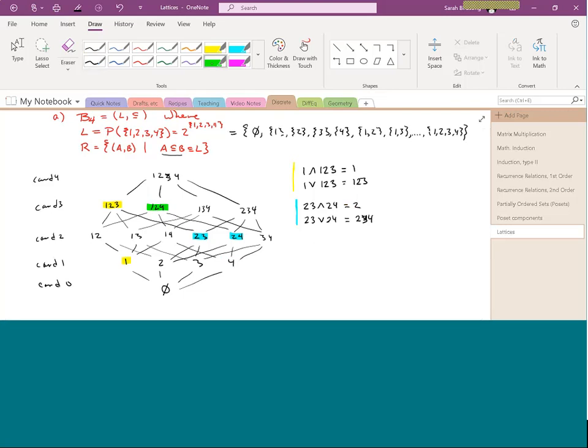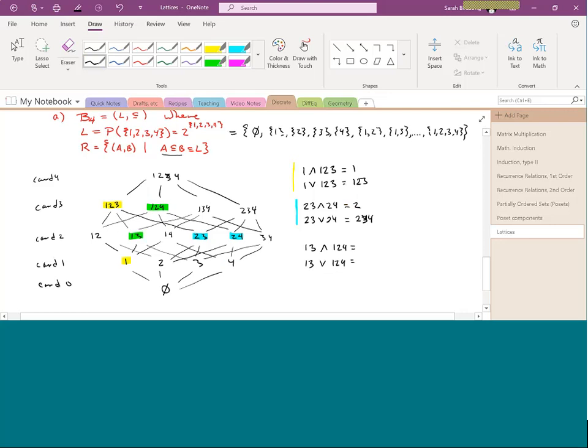So instead of that one, we want somebody that doesn't form a chain. So how about 1, 3? If we have 1, 3 and 1, 2, 4, the point on purpose here was to get 2 different levels. And that didn't form a chain.